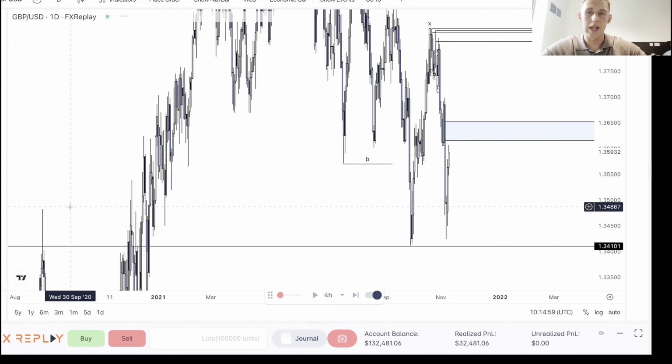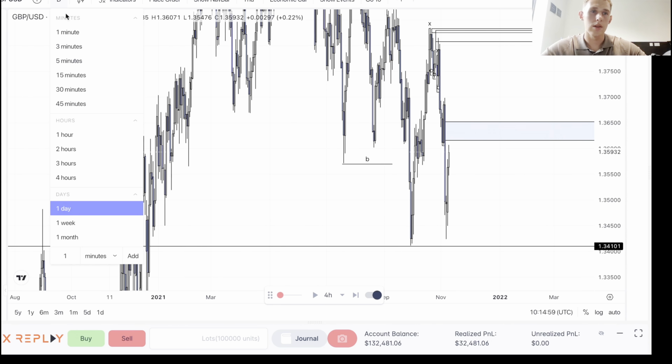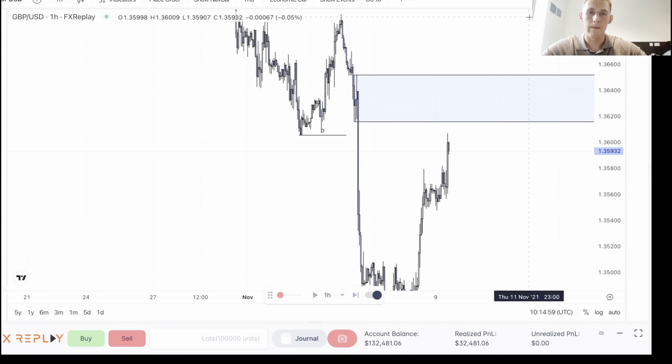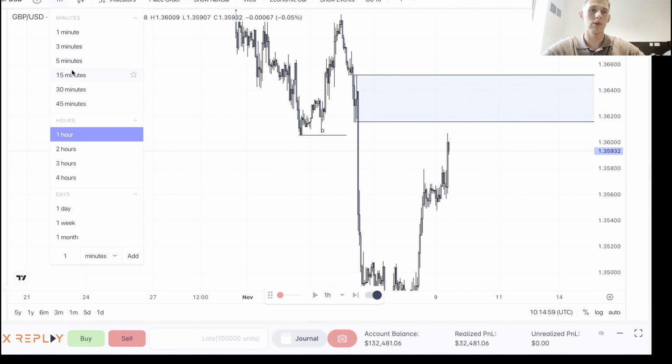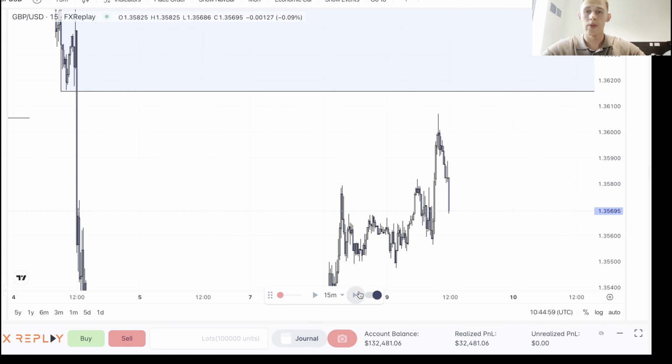Let's go back to the daily as well, actually. It may also sell from here. So this was like the bottom of the daily area of supply. So yeah, let's just keep that in mind.